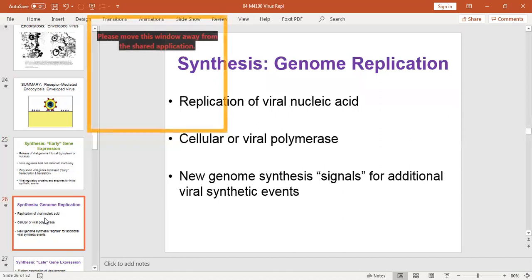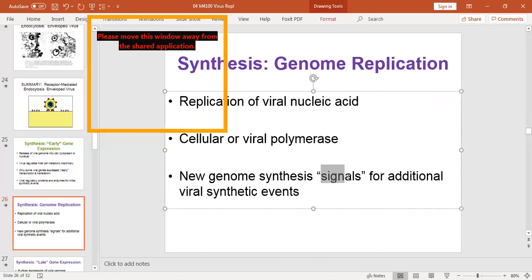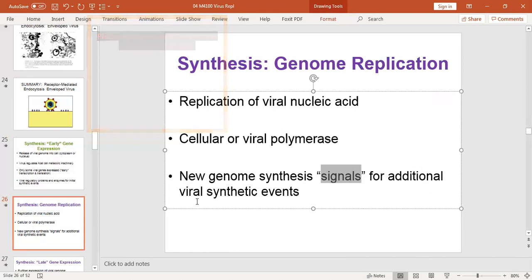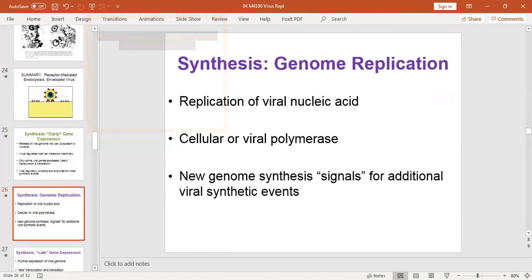It uses either host cell or the virus's own polymerase. And once the genome is being replicated, it sends signals that are required for additional viral synthetic events.